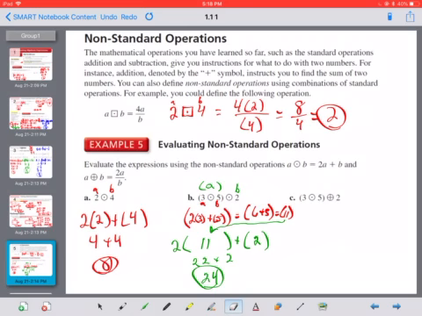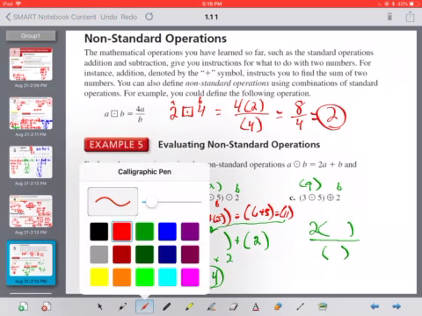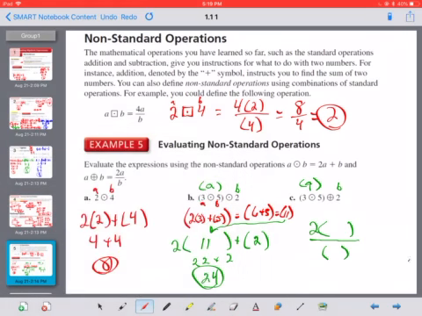Okay, we want that to be, where's my green pen? There we go. B goes on bottom. And there's my B. And an A goes on top, and it's 2 times A, and this whole thing is my A.